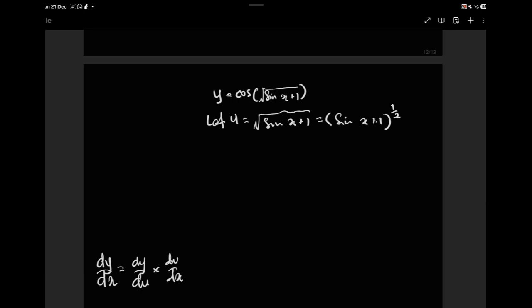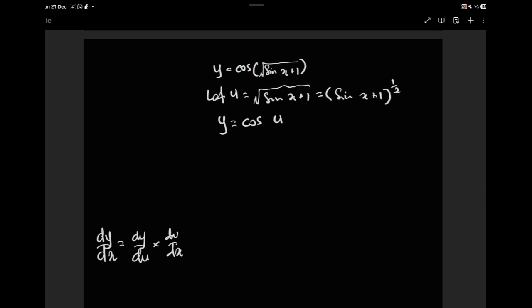When we have defined the square root of sin x plus 1 as u, what we did is change the original function into terms of y and u. Hence it becomes y equal to cos u. Can you see it? Because we have defined all of that as u, we change it into u.